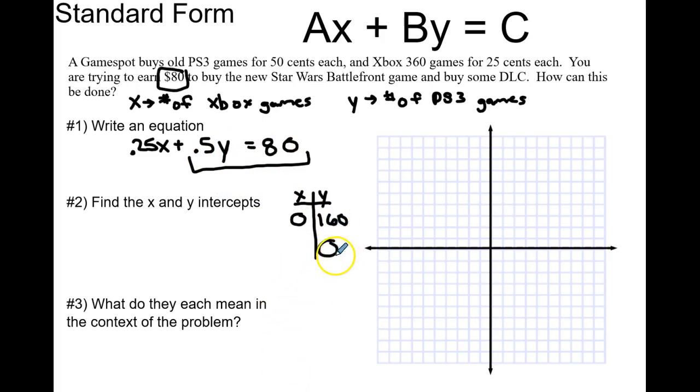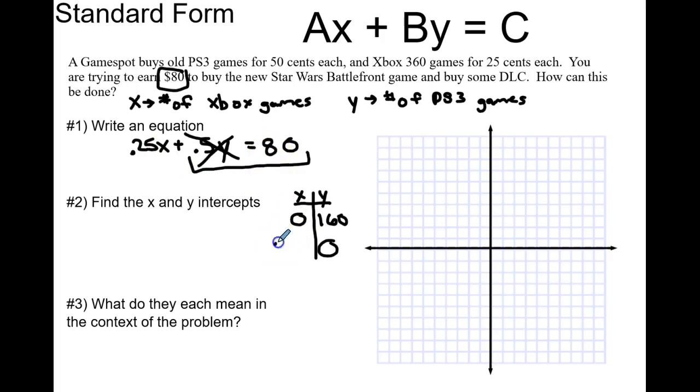Then let's figure out what x would have to be if y was 0. If y was 0, you're basically crossing this out, and we're saying y is 0, so that doesn't matter. What would x have to be? 0.25x equals 80? Well, a quarter of what number is 80?